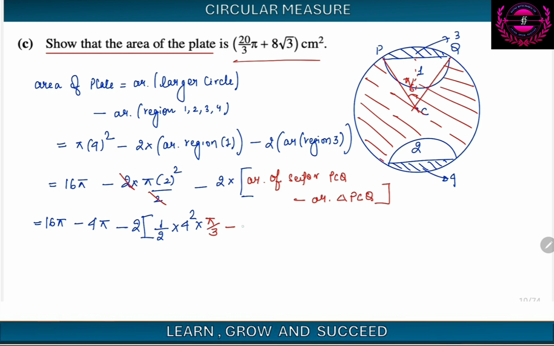So area of triangle will be half AB, which is again 4 square, and sine theta.